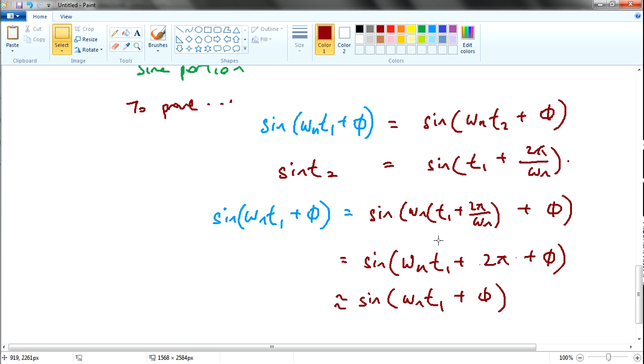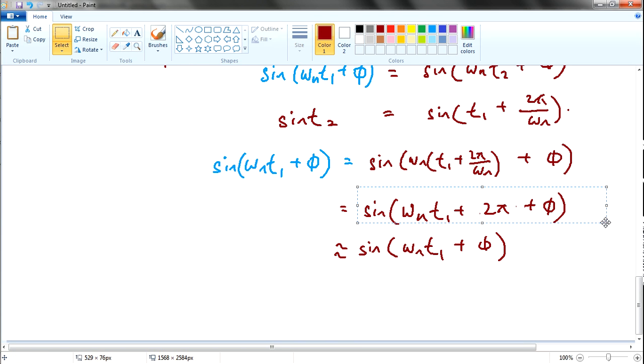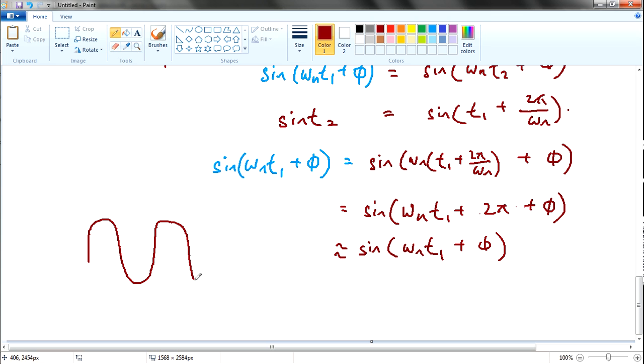I believe you understand. 2 pi is just one period from here. So we can eliminate 2 pi in this case, because 2 pi is simply saying you go one round, and if you start from here, you go one round and come back here. This is the same thing.